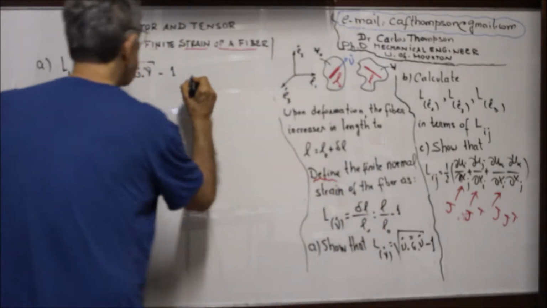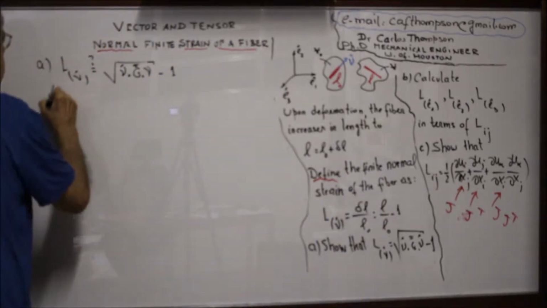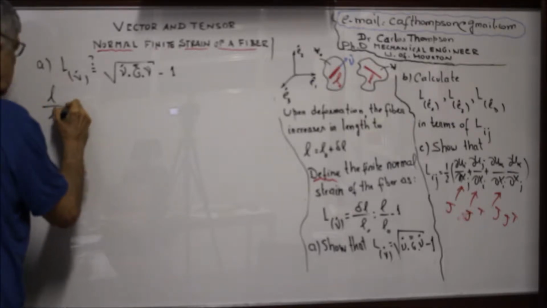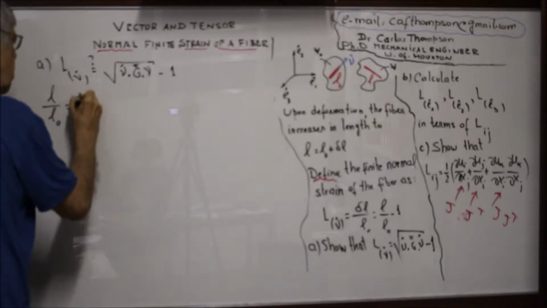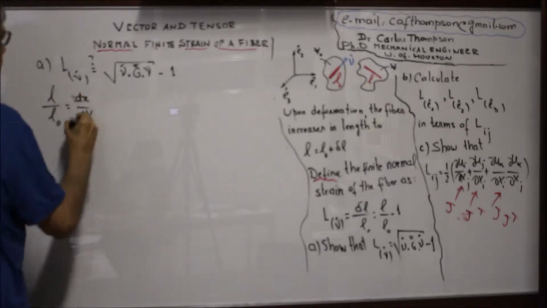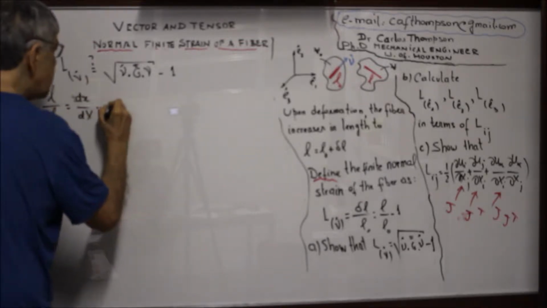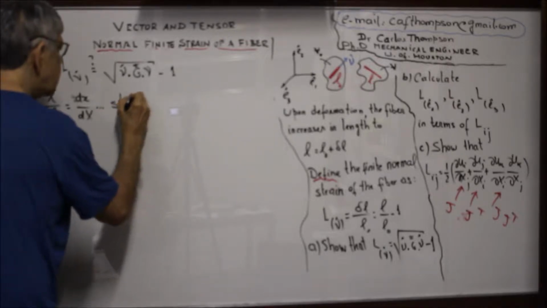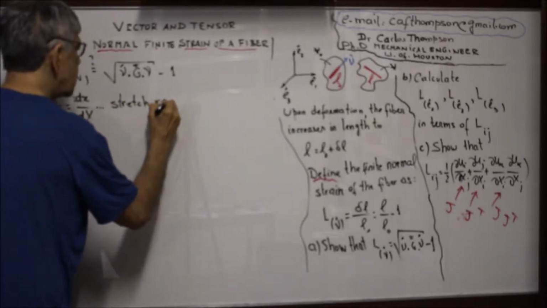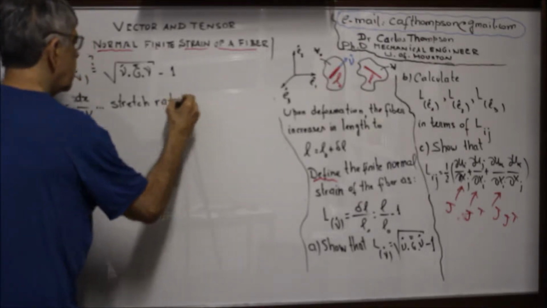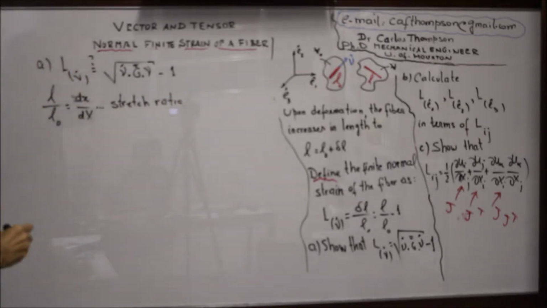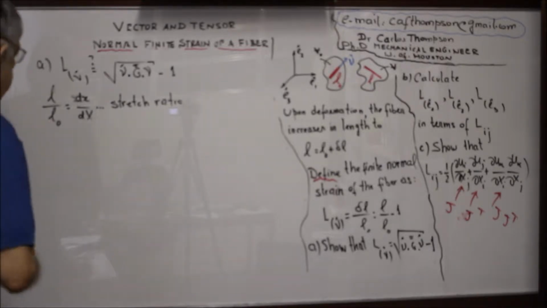This L divided by L0, with small dx and capital dX, is the famous stretch ratio. You see? Ratio. That's very important.